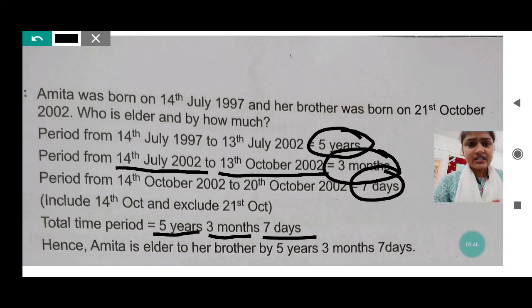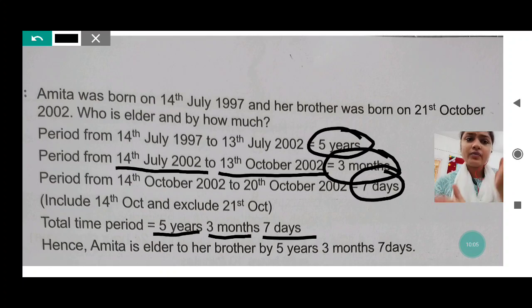After that 5 years, from the 14th July, I have calculated till 13th of October, which is one day before Amita's birth date. So I have got 3 months.